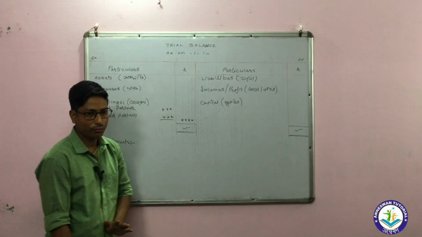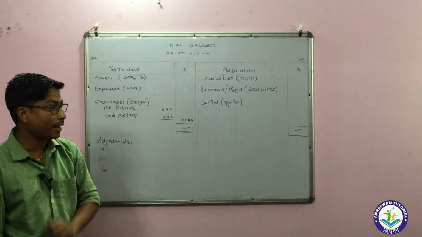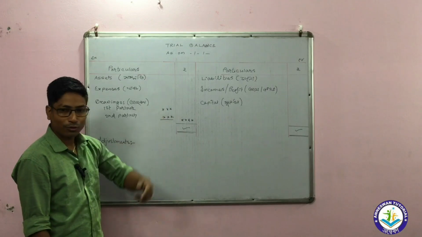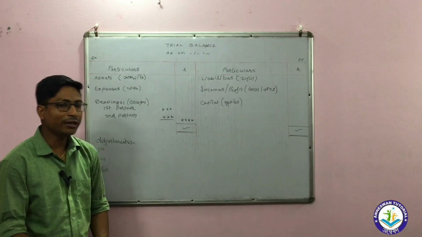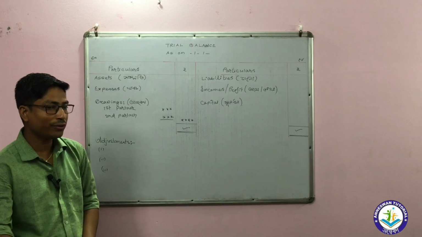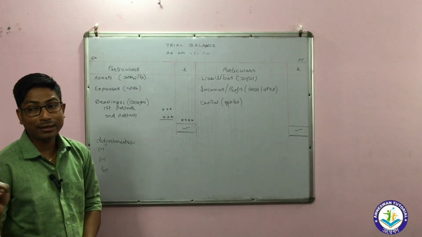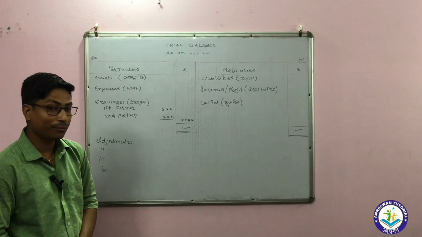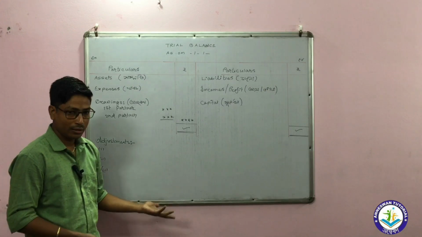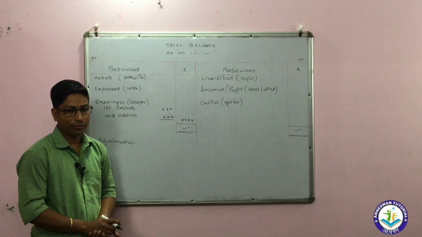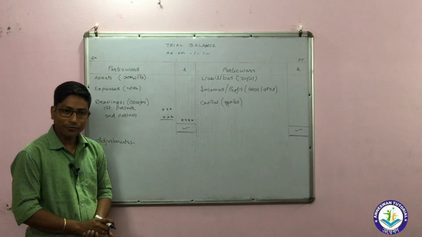Gross profit is the most important item, because as I said earlier, the trading account gives either gross profit or gross loss. You will not be asked to prepare the trading account, but gross profit is needed in the question, because without knowing the gross profit we cannot prepare the profit and loss account.